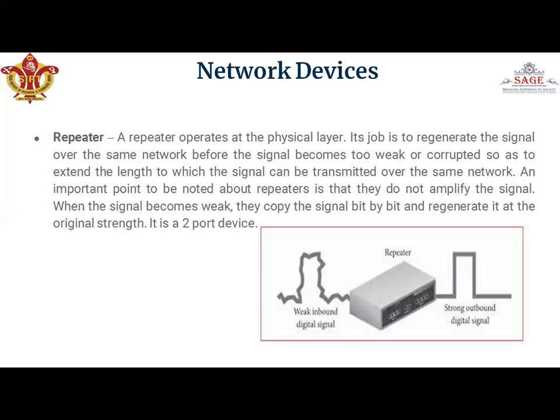So at that particular moment, we use a repeater to regenerate our signal bit by bit so that the actual message will be delivered to our destination. As I have already written, it does not amplify the signal, it just copies the signal and regenerates it at the original strength.